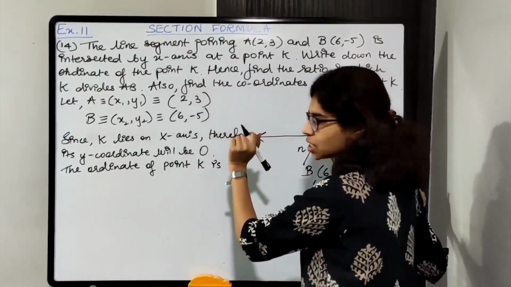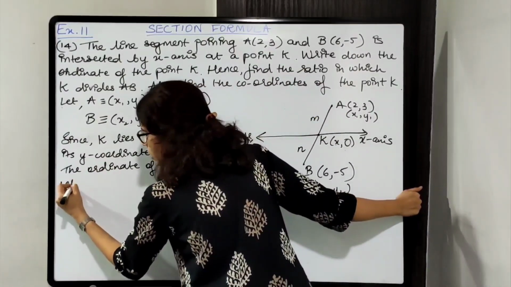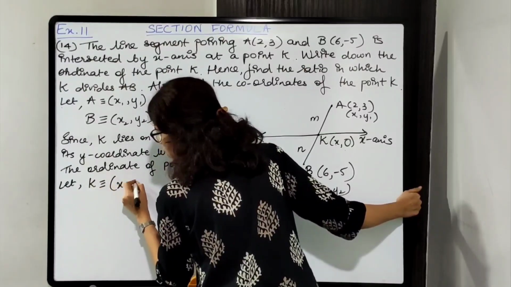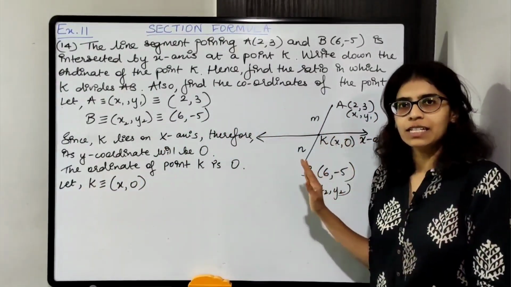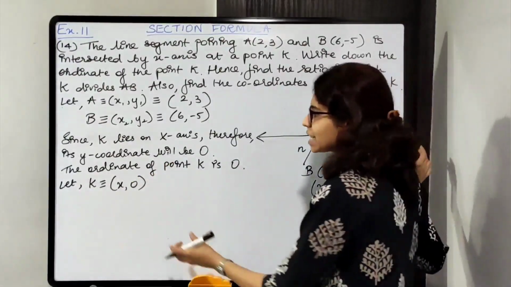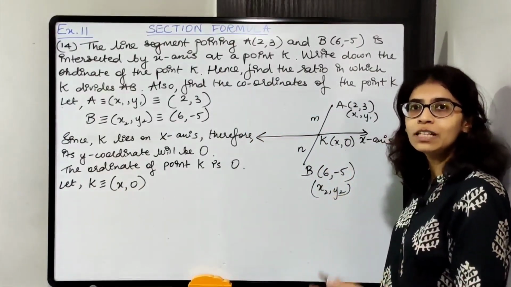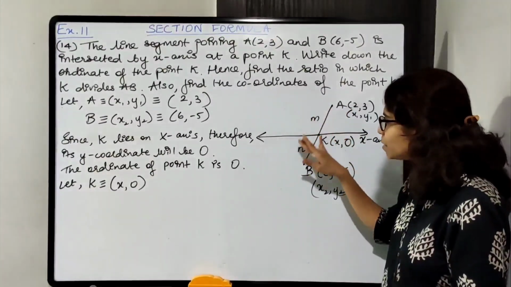They have asked this, and after this let the coordinates of k be... k को हम लोग ने क्या ले लिया है? x, 0. x coordinate we don't know, so x coordinate we have taken as x only, small x, 0. So these are the coordinates of k. By section formula, what will be the coordinates of k? K is dividing segment AB in ratio m is to n.